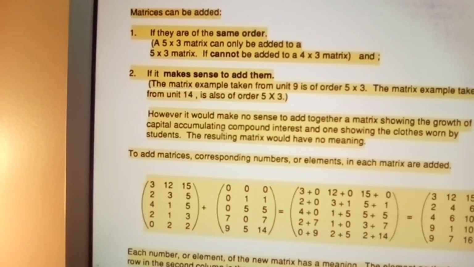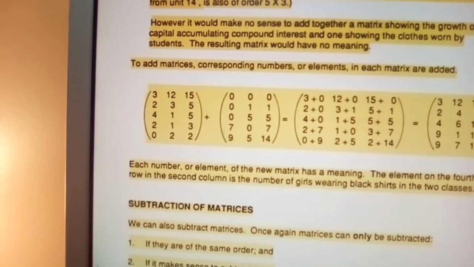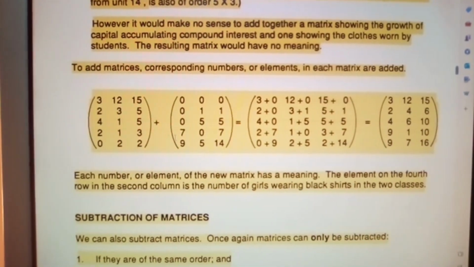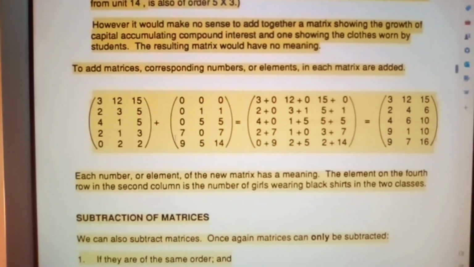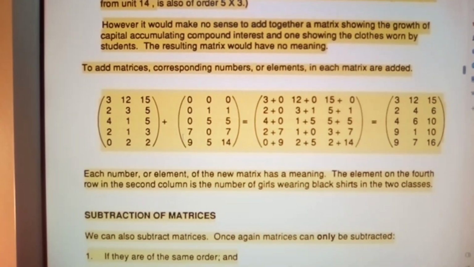To add matrices, corresponding numbers or elements in each matrix are added. Okay. And here we have our examples. Okay. And here's what we've done.